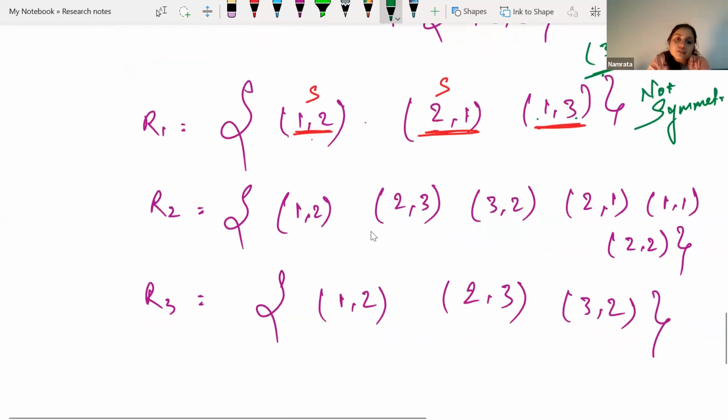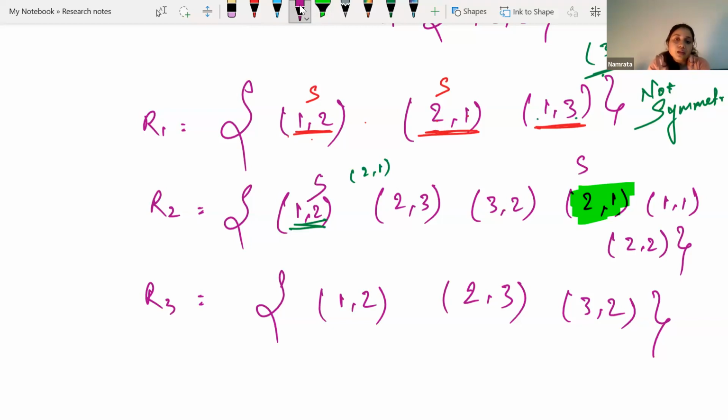Similarly, for the next one, (1, 2) is there, then (2, 1) also has to be there in this set. So I'm going to search whether (2, 1) is there or not. I can see it's there, so I can say this one is symmetric. Let's check each and every element. The next element is (2, 3), then (3, 2) must be there, so these two are also covered.